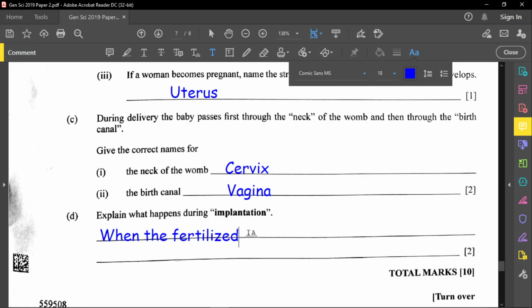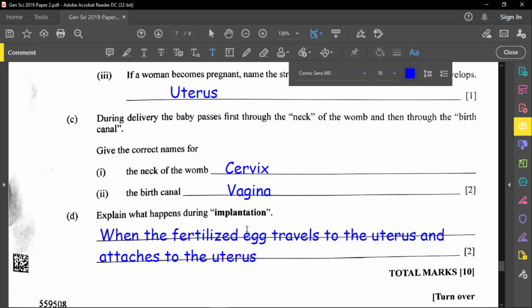So when the fertilized egg travels to the uterus and attaches itself, all right, so that's what implantation is. It attaches to the uterus, and it will stay there for development.